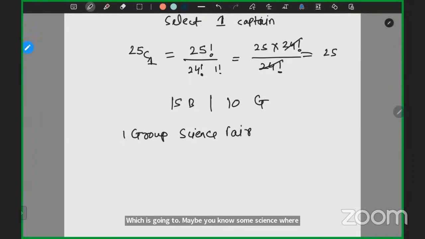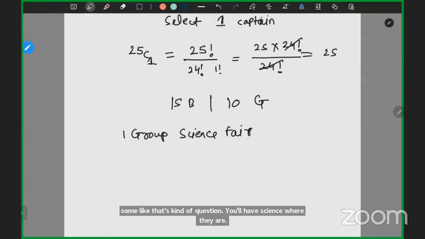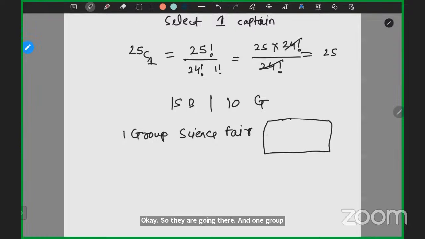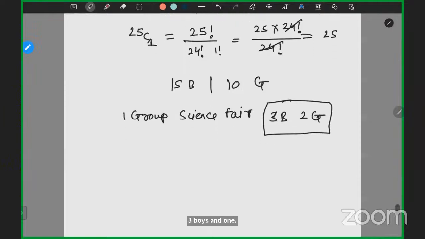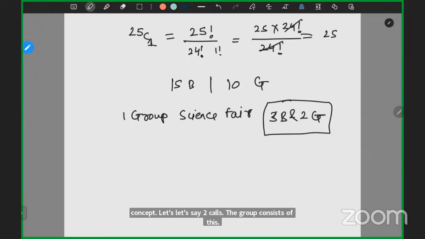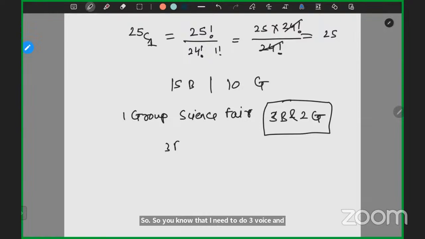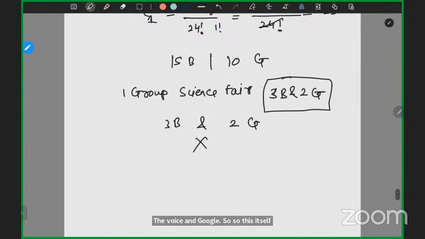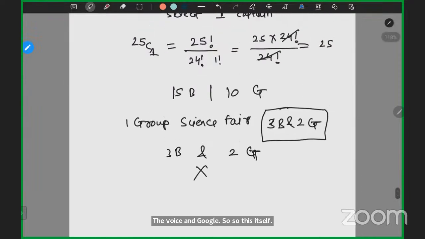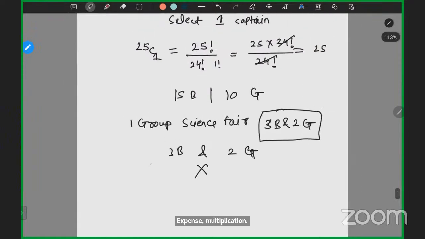One group consists of 3 boys and 2 girls, so I need to choose 3 boys and 2 girls. This itself explains multiplication. How many boys are there? 15, and out of them I want to choose 3, so 15C3 into 10C2, right?